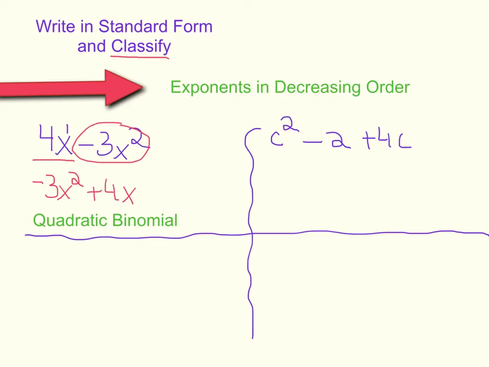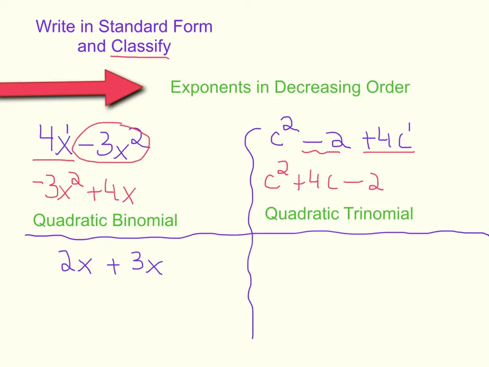Alright, so this one, c squared, has exponent 2. 2 is a constant, which technically means it has exponent 0. And then c has exponent 1, so I'm going to rewrite this in standard form. c squared, and then plus 4c, and then minus 2 at the end. Highest exponent is 2, so it's a quadratic, but it has 3 terms, so it's a quadratic trinomial.